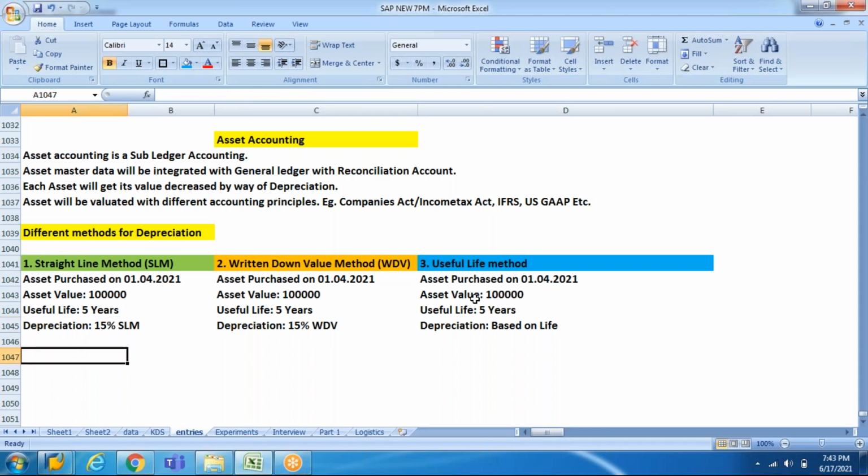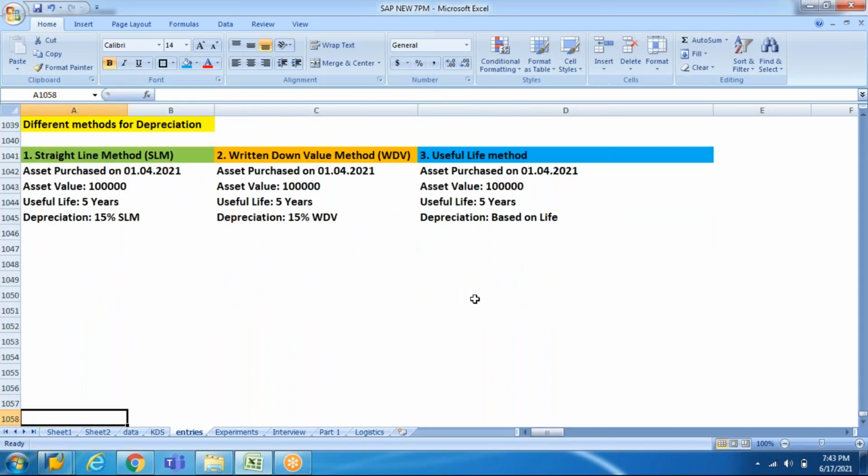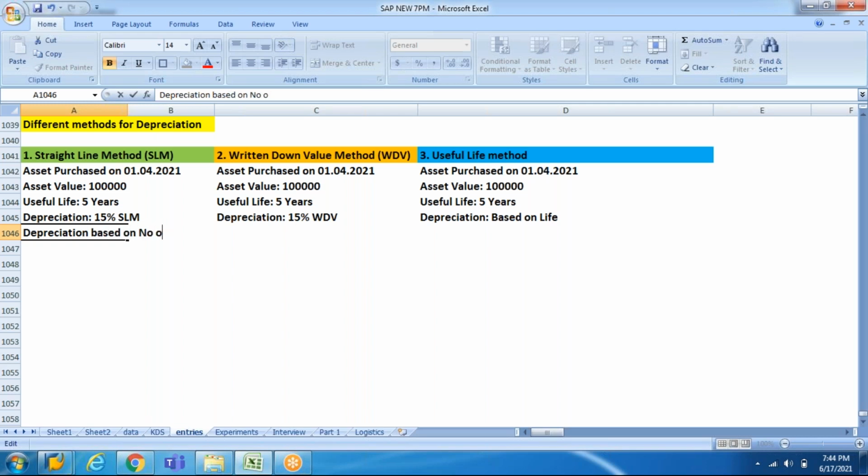Right, now let me write one more thing. Depreciation based on number of days.